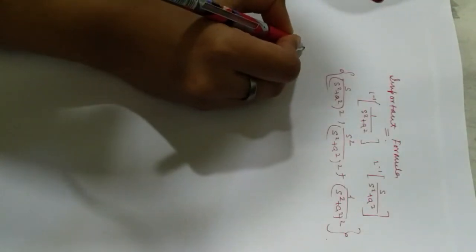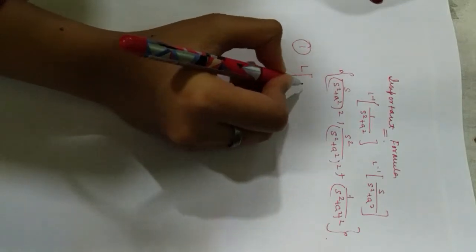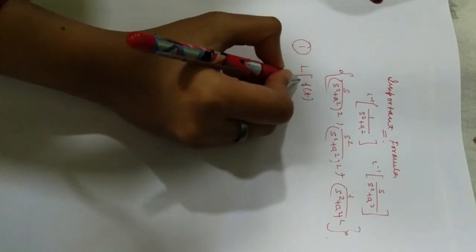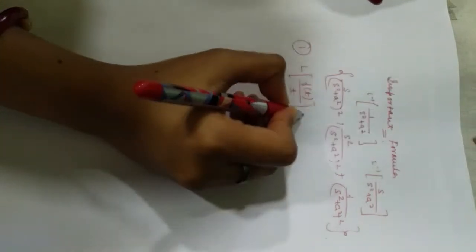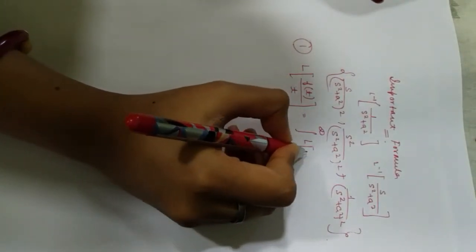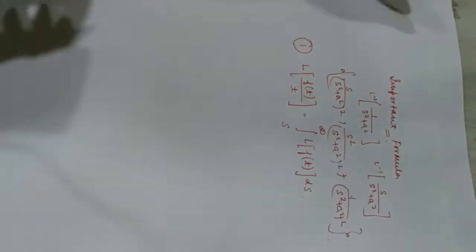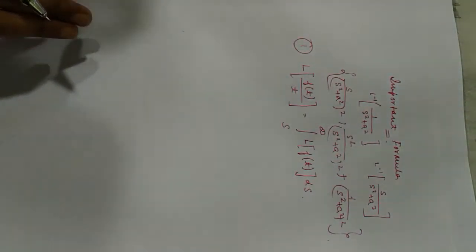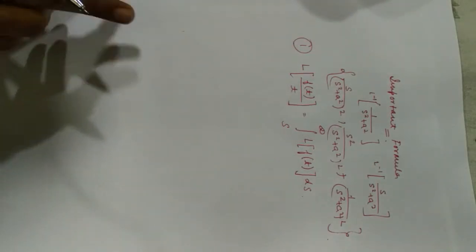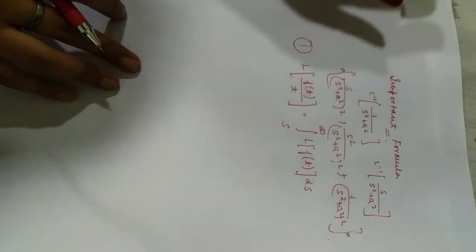So first, we have already seen in our previous class that Laplace transform of f(t) by t is equal to the integral from s to infinity of the Laplace transform of the function, F(s) ds, right? That is, Laplace transform of a function divided by time is equal to the integral of the Laplace transform of the function within the limits s to infinity.